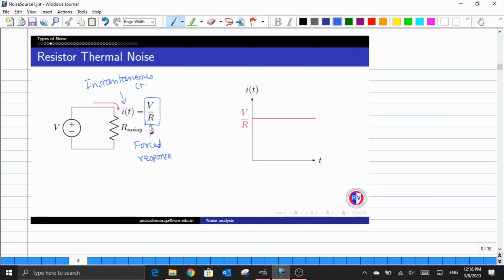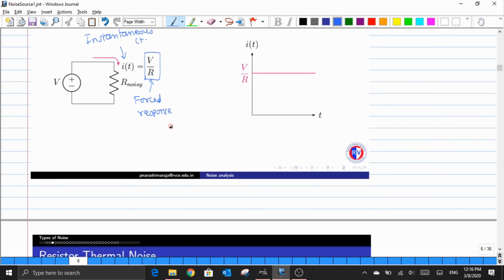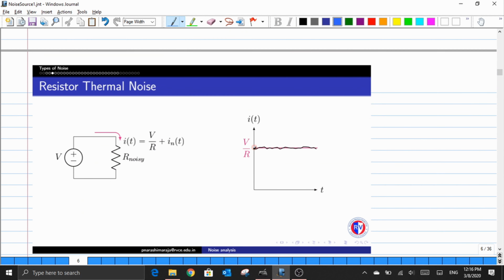But as we discussed in the earlier video, even in the absence of this voltage source, there exists some sort of noise component through this resistor, such that the instantaneous current not only contains this forced response, but also has the noisy component superimposed on it.